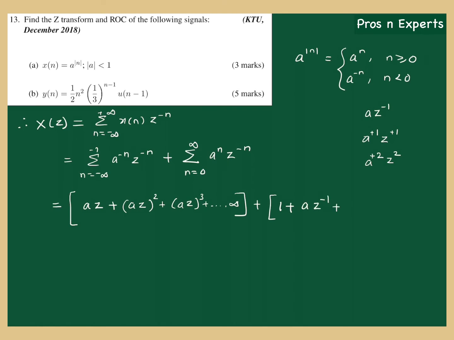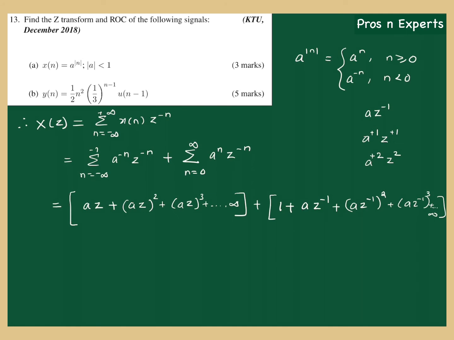So what will be the result at n equal to 2? It will be a square z raised to minus 2, that I can write as a z raised to minus 1 the whole square. This is same as a square z raised to minus 2, right? The next term is a z raised to minus 1 whole cube, and it goes up to infinity terms.